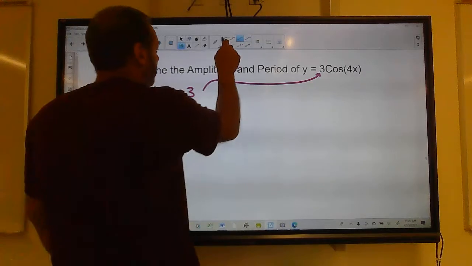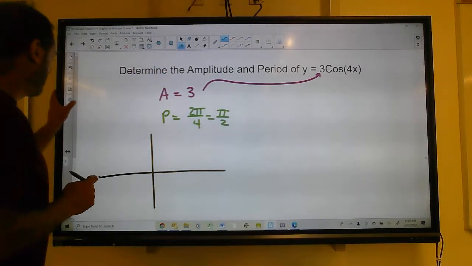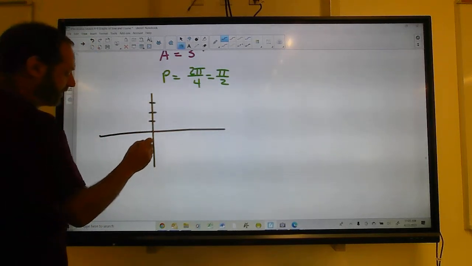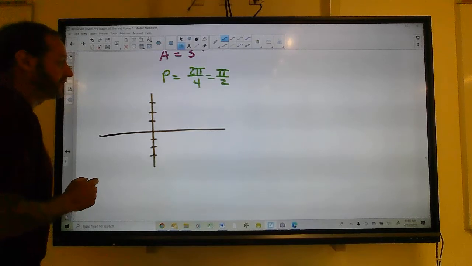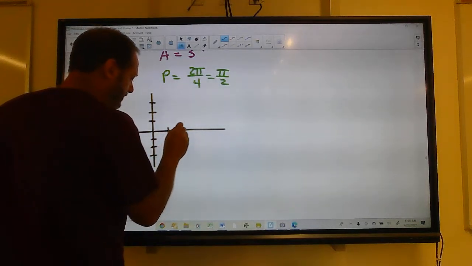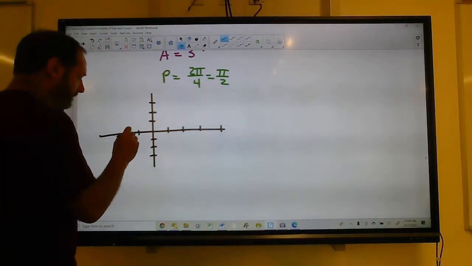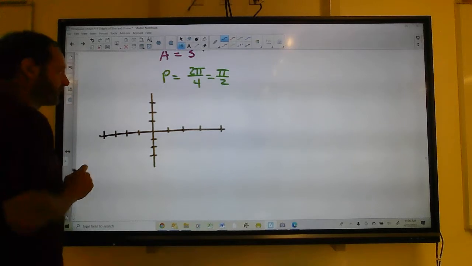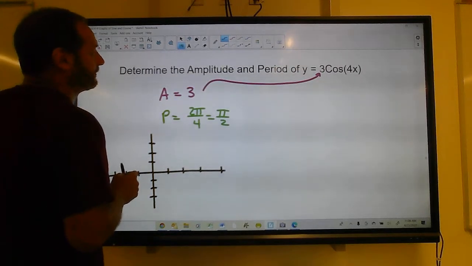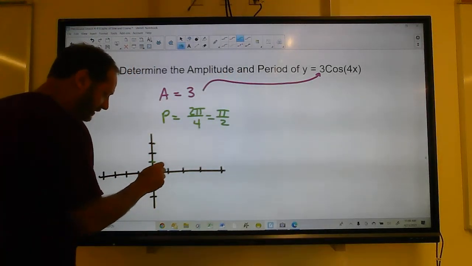Okay, so if I was going to graph this thing, instead of going from 1 to -1, I'm going to go from 3 to -3. And I always like the numbers pi over 2, pi, 3 pi over 2, and 2 pi. So if I take my original cosine, it's going to look like this.